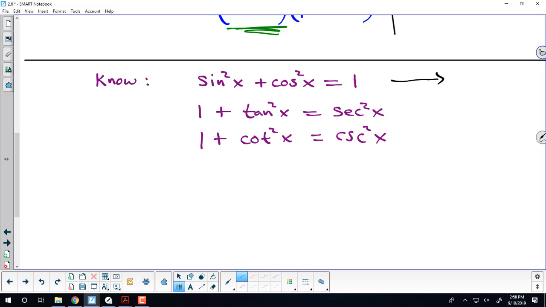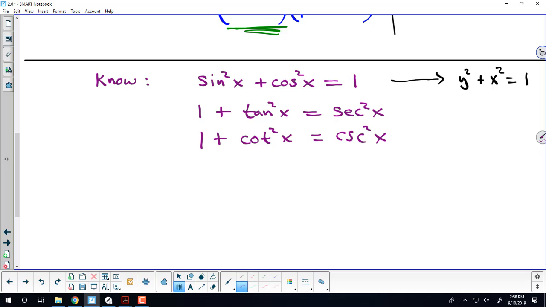So when we see sine squared theta plus cosine squared theta equals 1, essentially we're looking at y squared plus x squared equals 1, which is our unit circle. That's exactly where sine squared plus cosine squared equals 1 comes from: the fact that we're on a unit circle, and that's the equation of the unit circle.